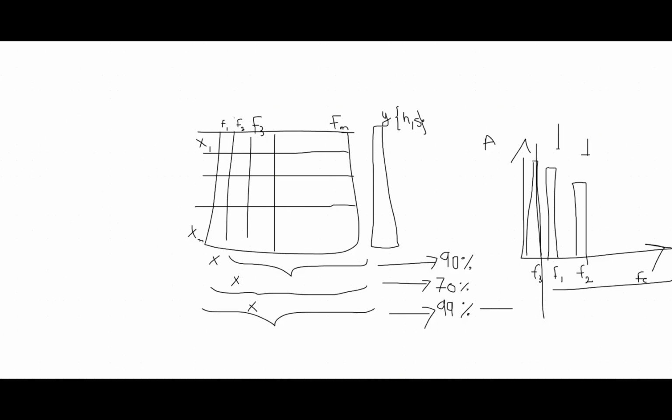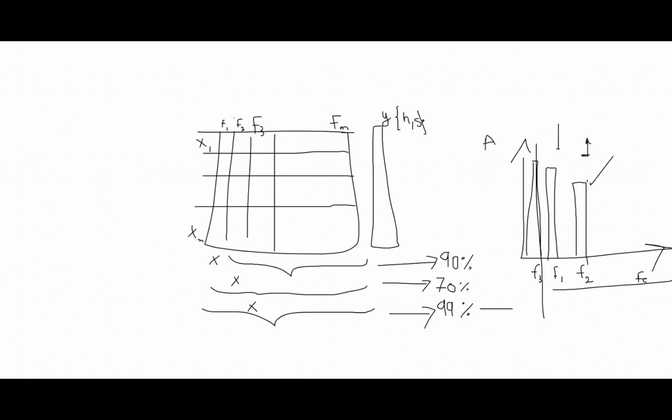If I see that with only F2 the accuracy has dropped significantly, then I must keep F2. In fact, F2 should be a selected feature. And the same thing for F1. If I see that F1 is insignificant like F3, then I can easily remove it from my feature space.